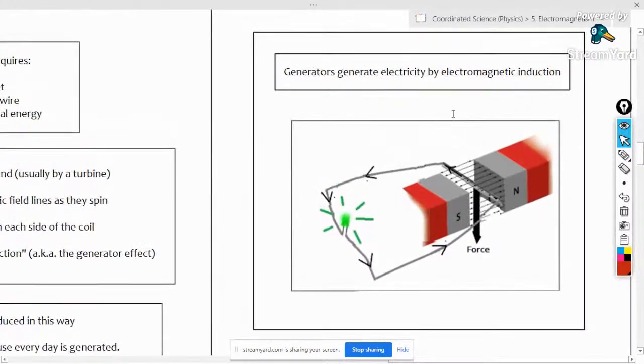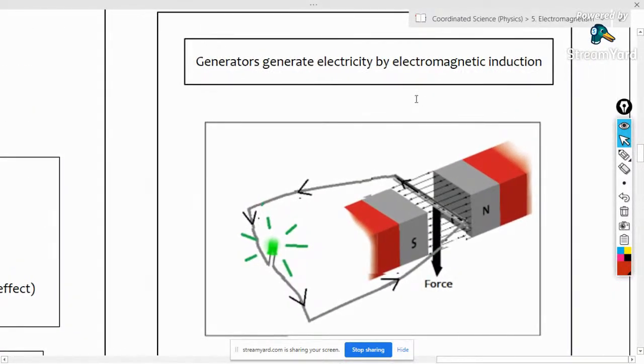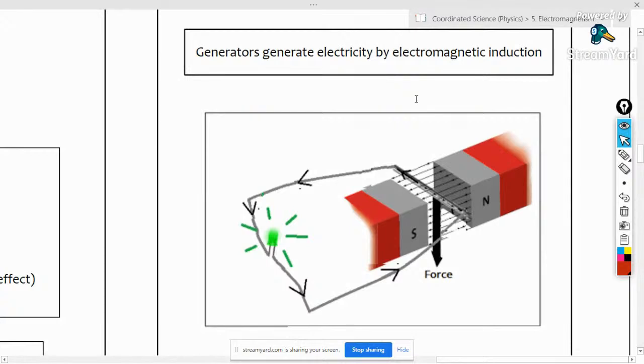So this is just to quickly recap the fact that generators work by electromagnetic induction. So just keep in mind, understand again what that is. If you have this piece of wire, like we have right here, and this piece of wire gets pushed downward in this direction, well, then it is going to be cutting across all of these magnetic field lines, which you can see going this way.